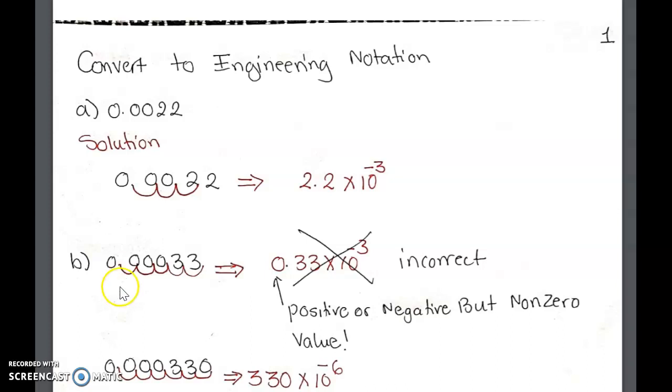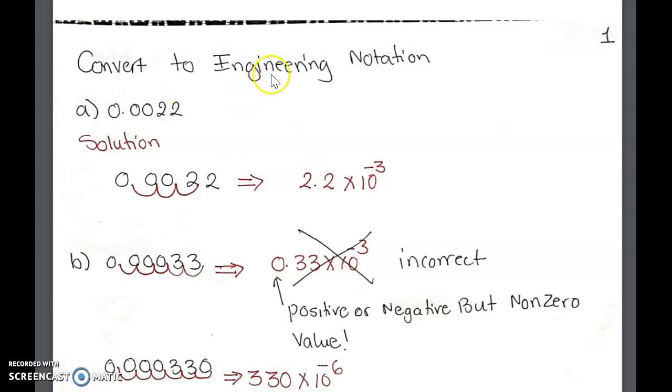So let's start with the example here. It says convert to engineering notation. Engineering notation means multiples of 3 for the exponent, and you can have up to 3 digits to the left of the decimal point. So right here I have a zero value to the left of the decimal point, so that's not engineering notation or scientific notation.